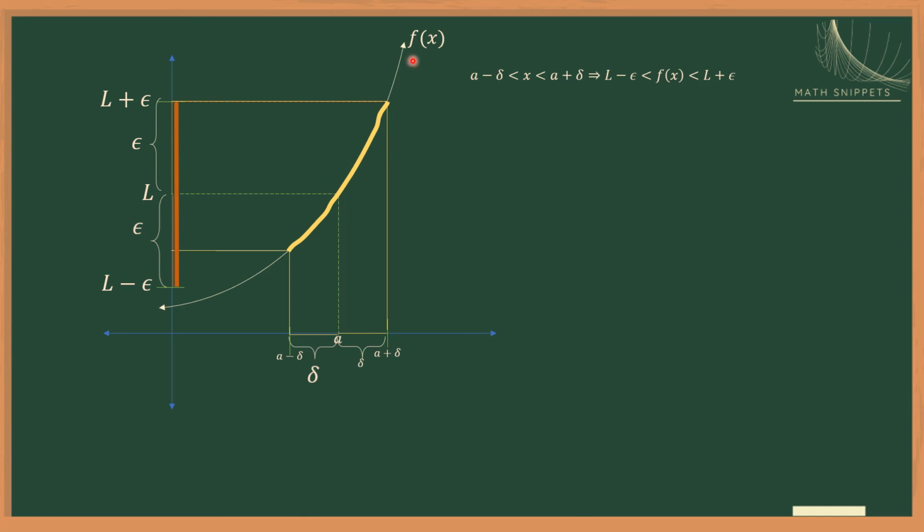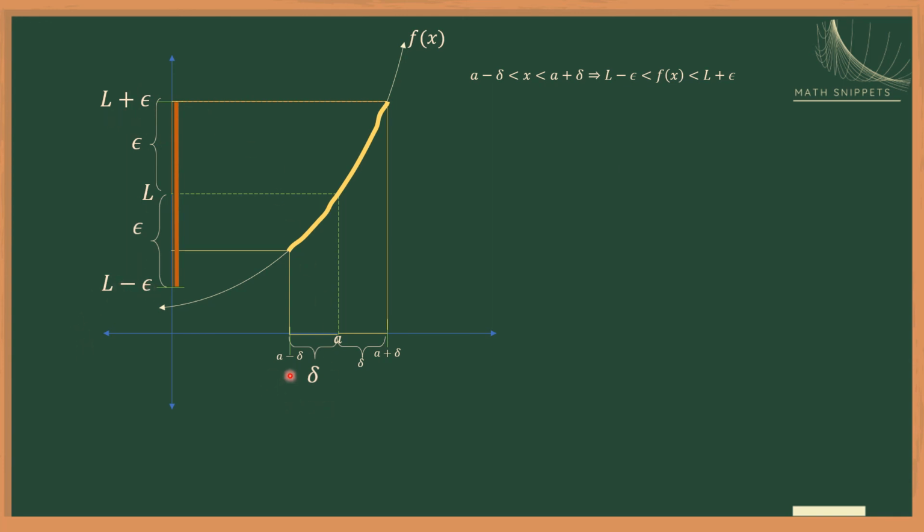It says that the limit of f of x as x approaches a is equal to L if, suppose we have an arbitrary value for epsilon, we can find a value for delta such that if x is within the interval a minus delta to a plus delta, then the values of f of x would also be within the interval L minus epsilon to L plus epsilon.